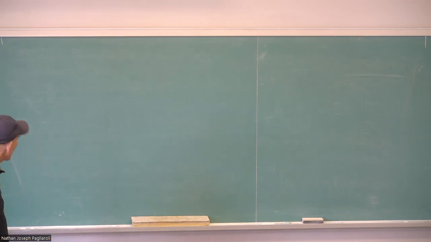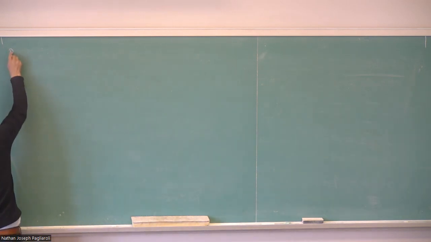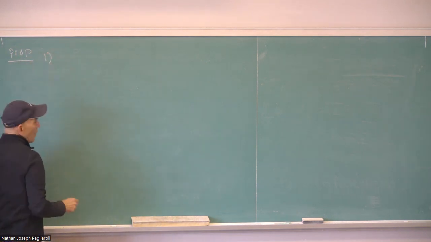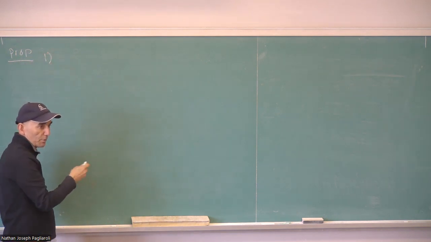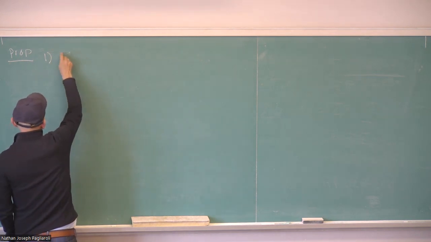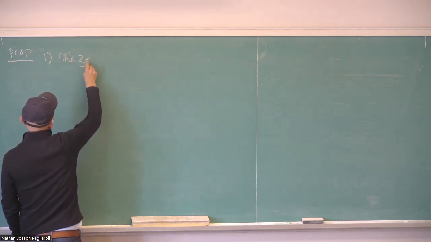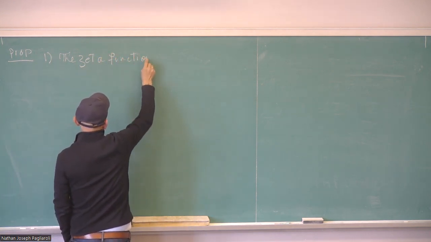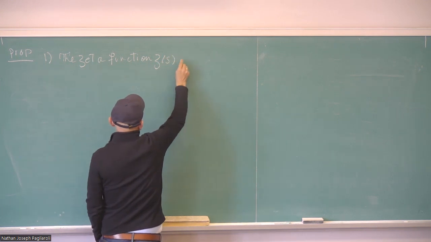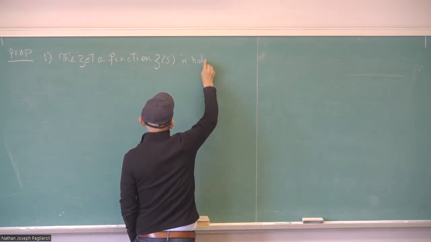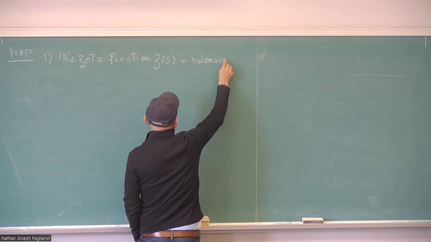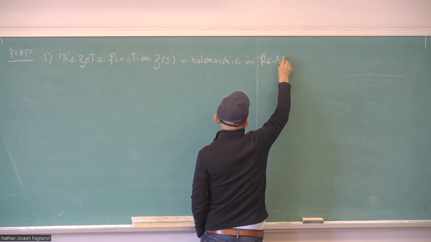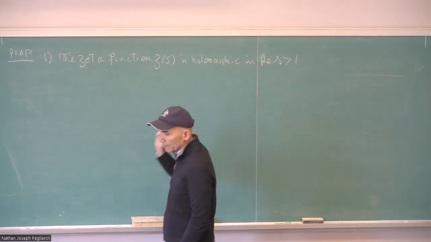Proposition 1. The first one we have already done. The zeta function is holomorphic in real part of s bigger than 1, which you already know.